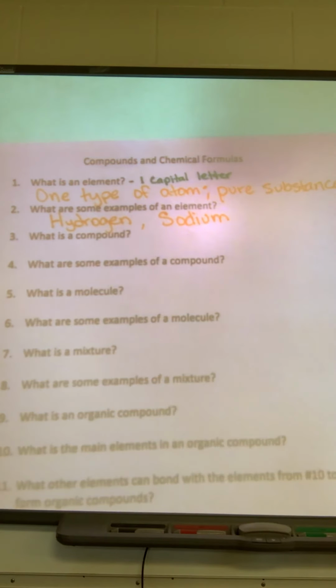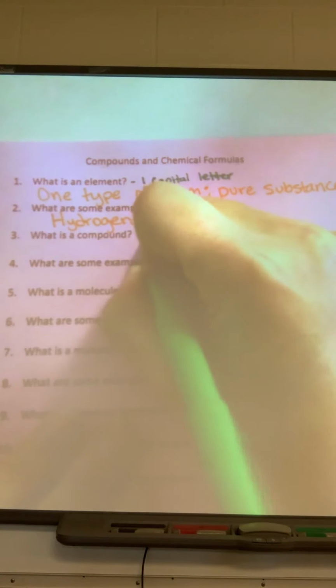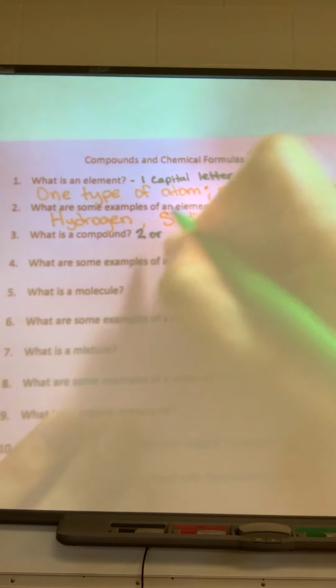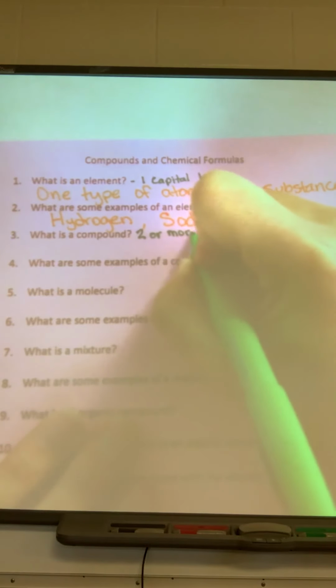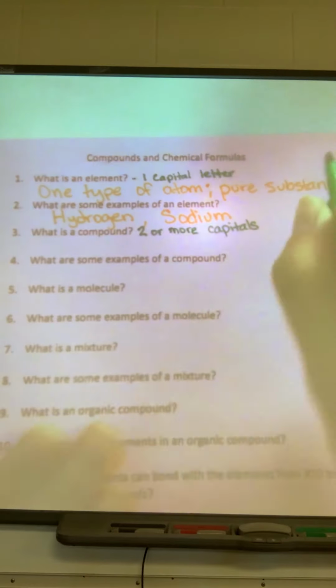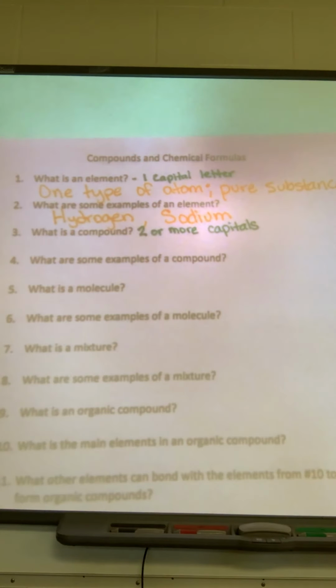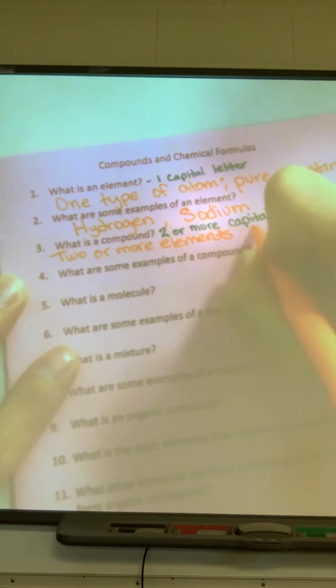All right, a compound, we discussed, has two or more capitals. So a compound is going to be when two or more elements chemically combine.